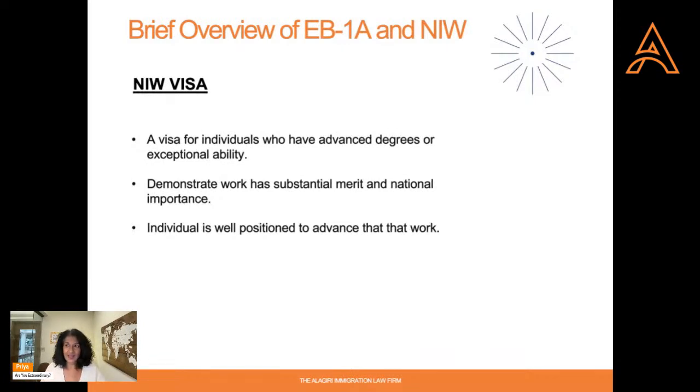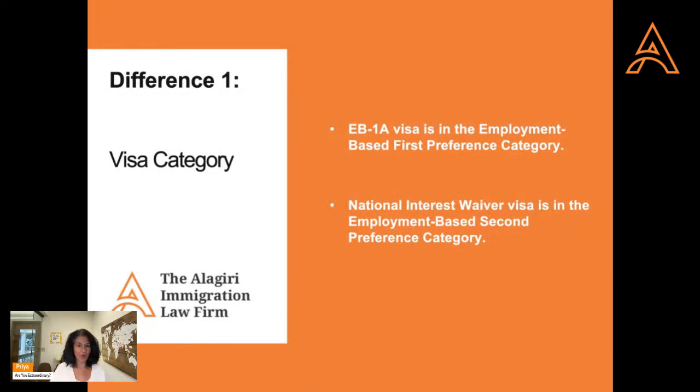Okay, so let's move on and talk about the primary differences between the two. The first, which is really critical, is the visa category that each of these visas falls under. The EB1A is under the first preference category.